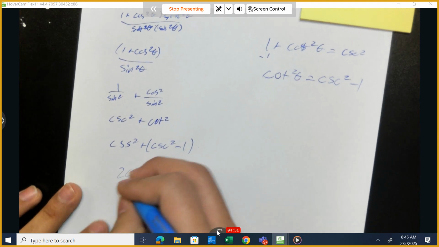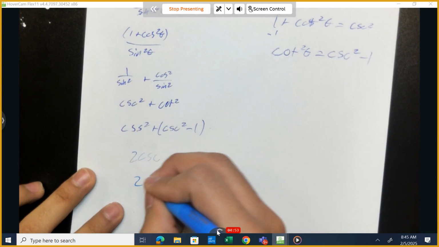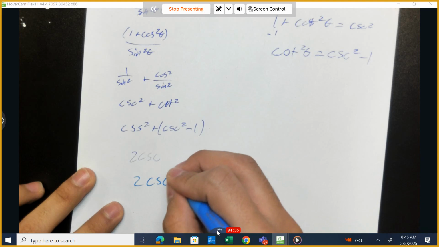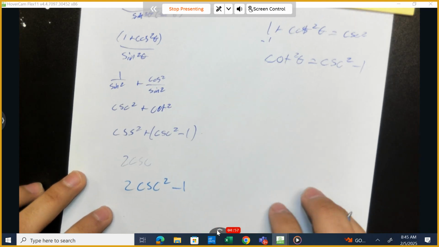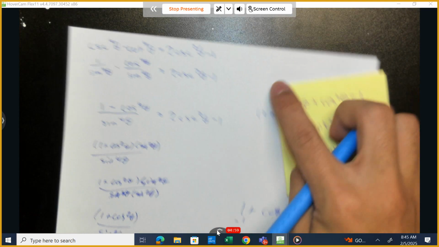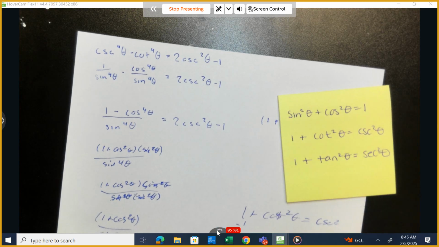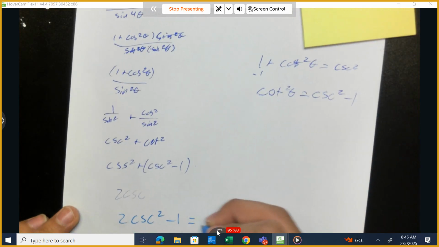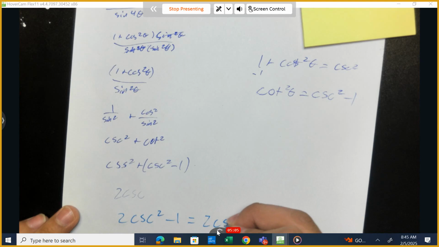Thank you. So we have two groups of 2 cosecant squared theta minus 1, which is equal to the equation on the top. And that's exactly what we wanted to have on the right-hand side. So now we have the left side is equivalent to the right side, and that's our whole goal with verifying trig functions.